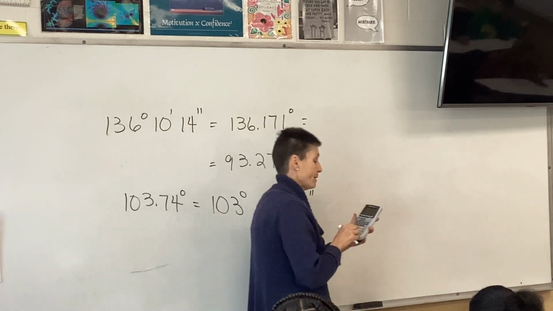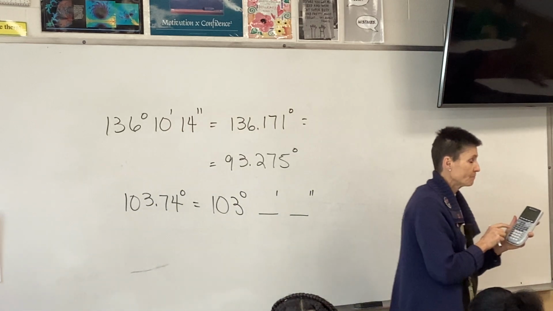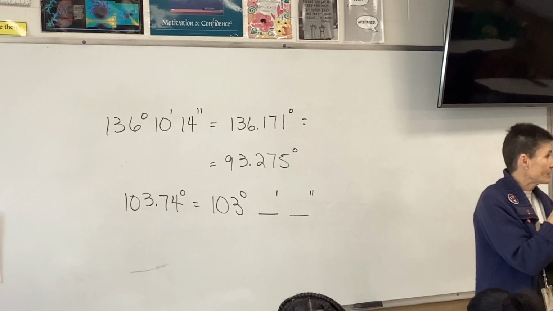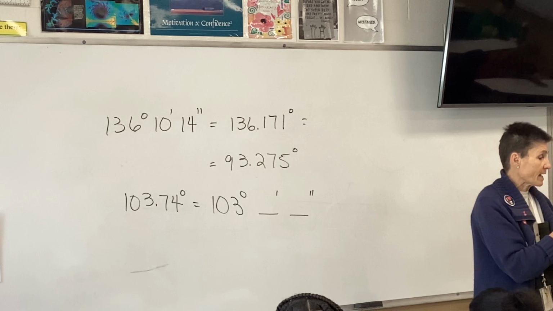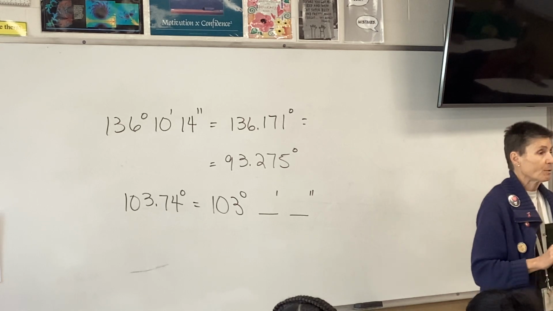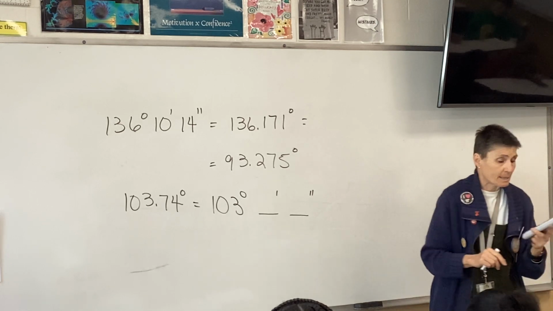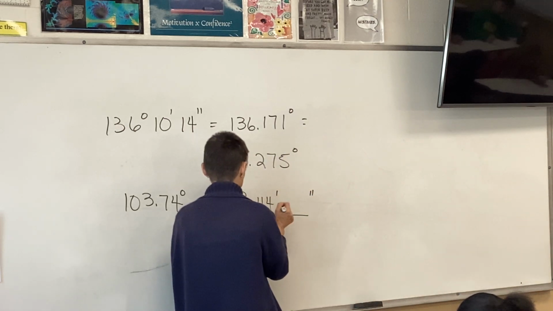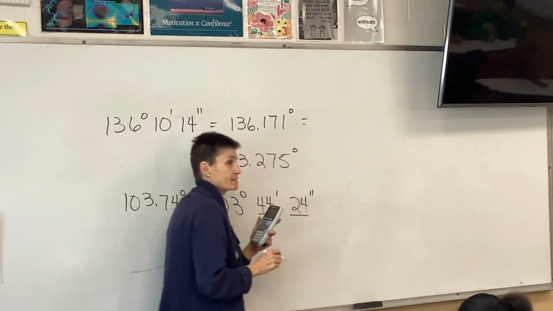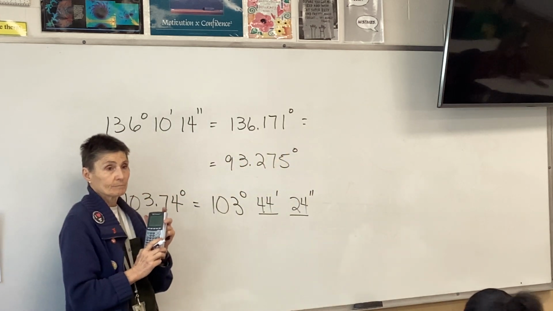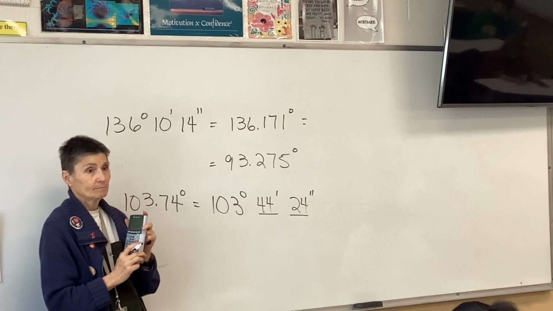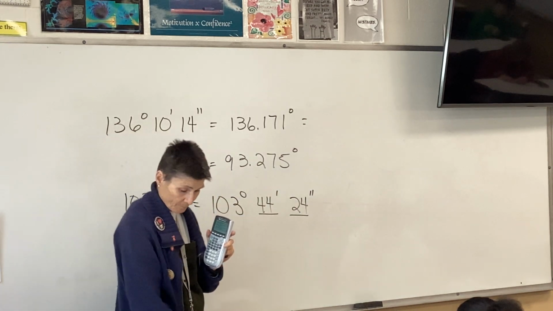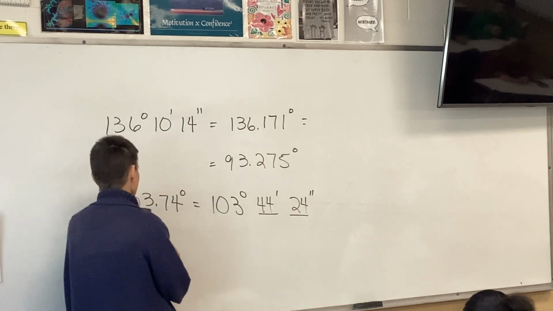Go back into your angle menu. So second angle, and you see in the list where it says DMS? That's degrees, minutes, seconds. So just go down and click DMS and press enter. And this one is 103 degrees, 44 minutes, and 24 seconds. Agreed? All right, do the next one. 18.77.